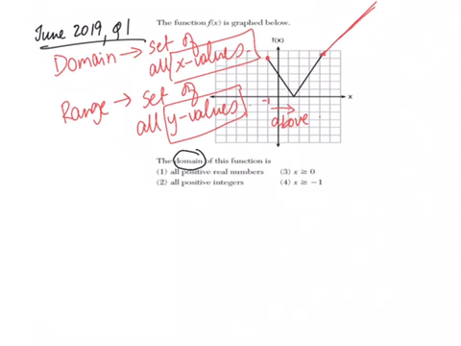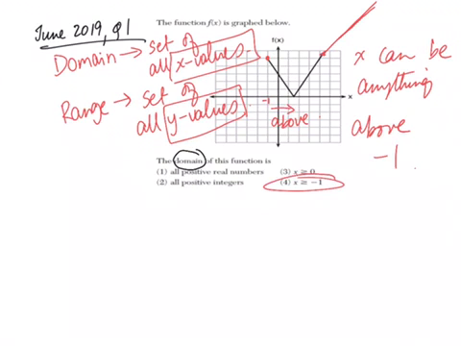It would go on. So what they're saying is x can be anything above -1. So answer choice 4. Answer choice 4.